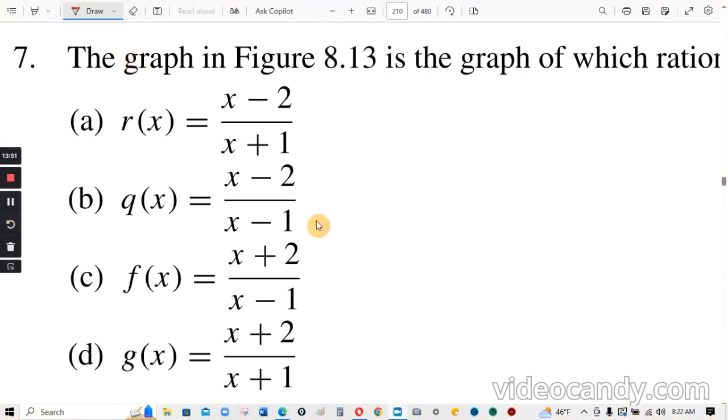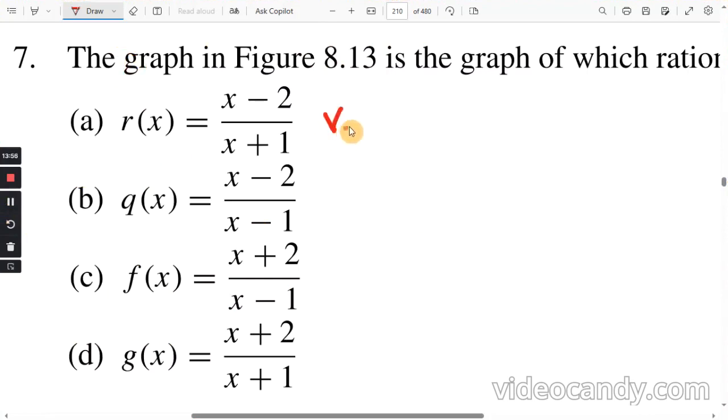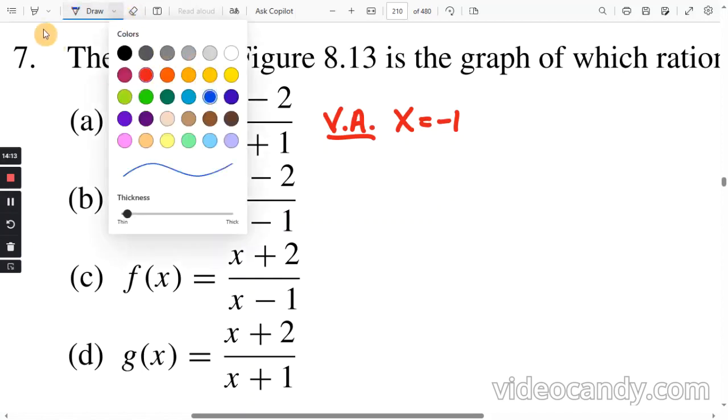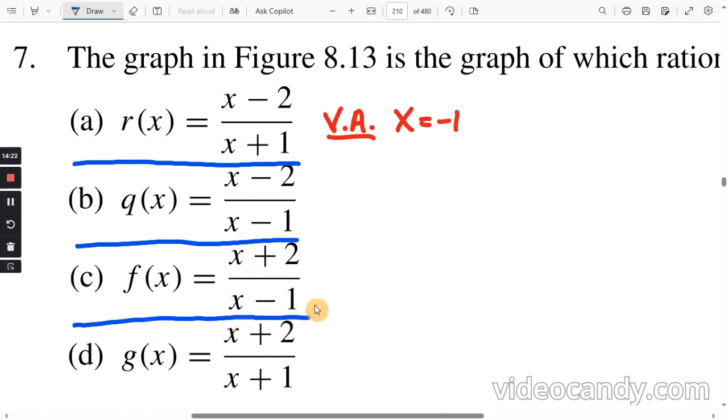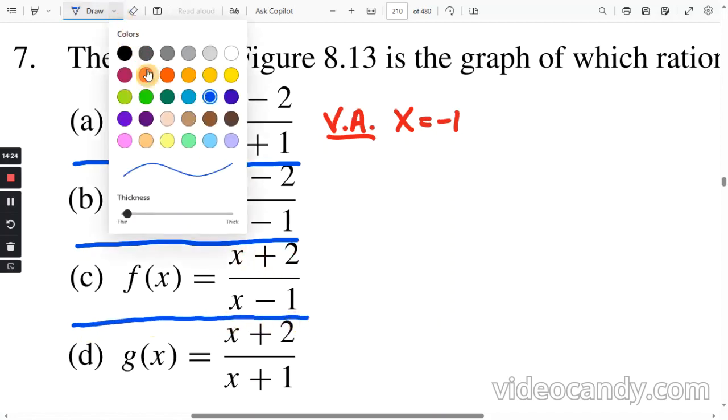All right, let's see. Remember, for the vertical asymptote, you set the denominator equal to 0. So right here, it's going to be x equals -1. Let me separate these so you guys can see them a little better. All right, this is answer A, B, and C, D. So let's see.